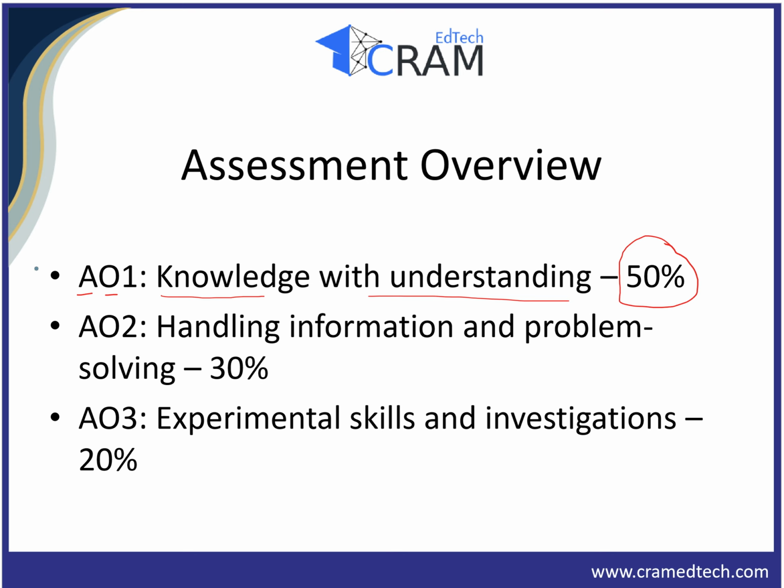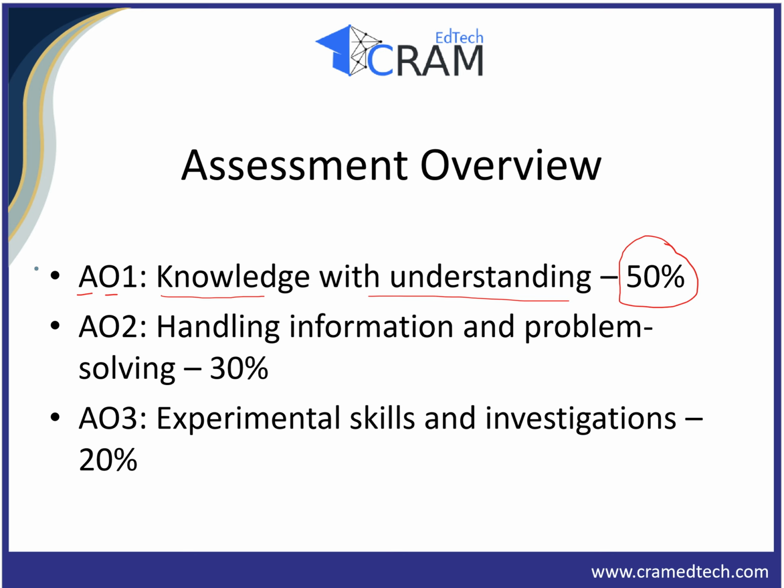You will be given some data, you have to use some formula, and come up with an answer. Or you will be given some graph with the data in it. You have to fetch the data from the graph, apply it in some equations and formulas, and come up with the final answer. That's handling information and problem solving, 30% of the assessment.